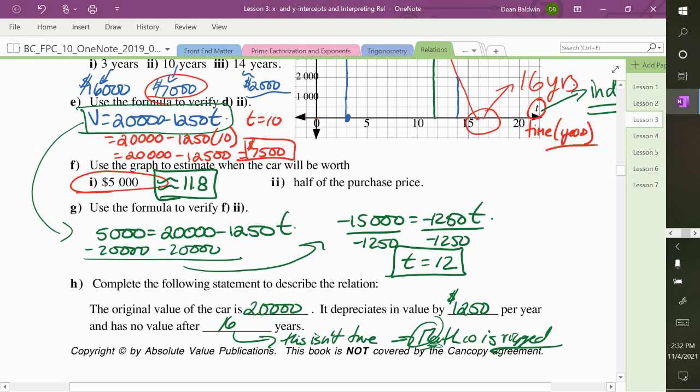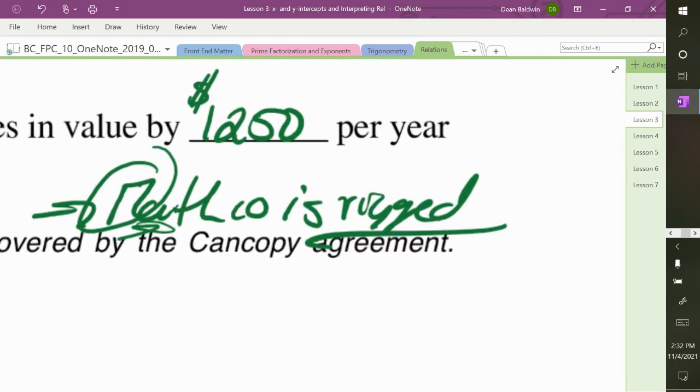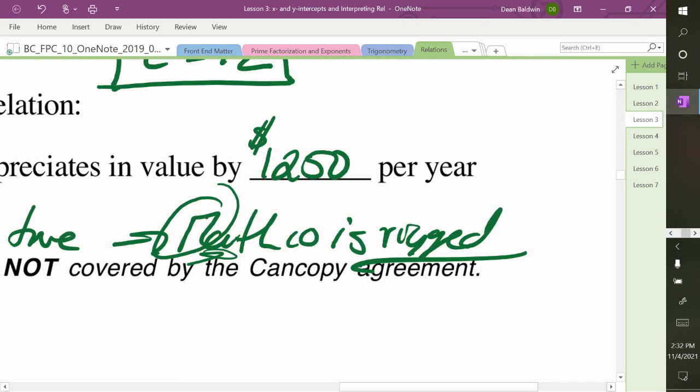That's what that says, apparently. What if we zoom in? Still looks the same. I don't know what that means. Or math 10 is rigged. Oh, now it makes sense.